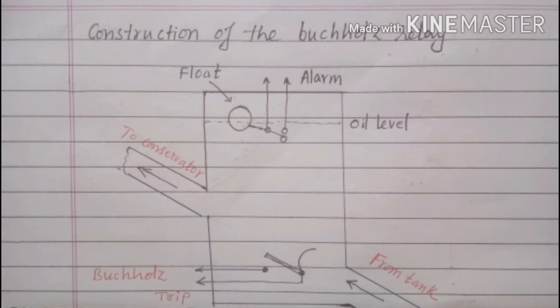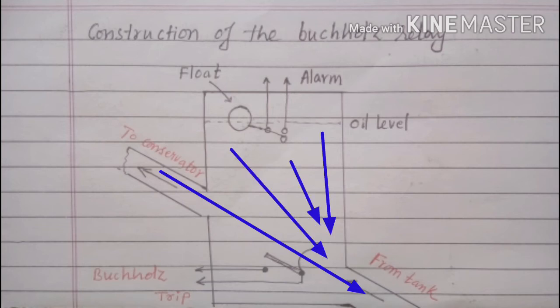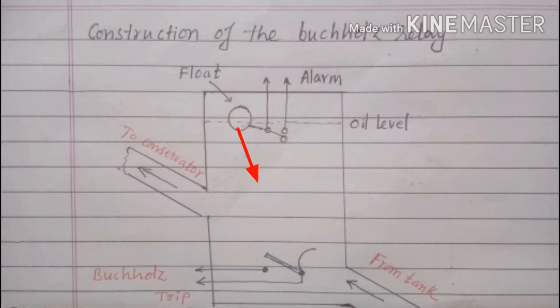If oil in the transformer tank decreases due to leakage, then oil from conservator will flow into the transformer. Also, oil from Buchholz relay will move into the transformer. This causes the float to move down and the associated contact to close.